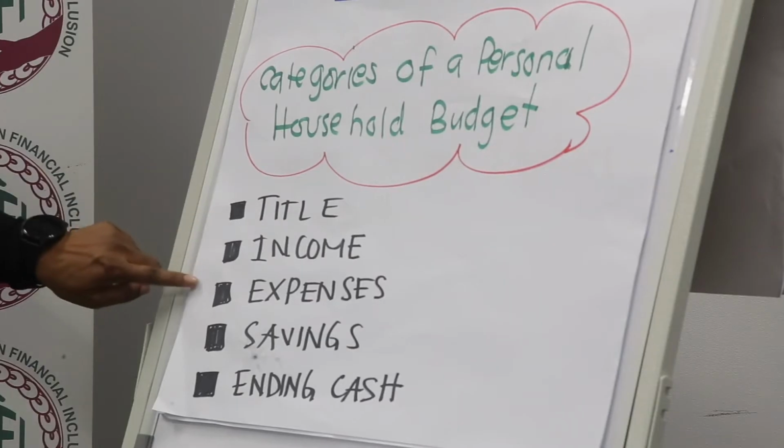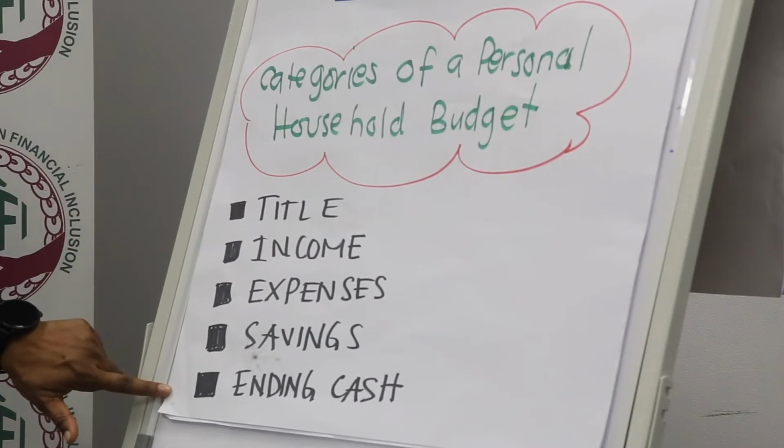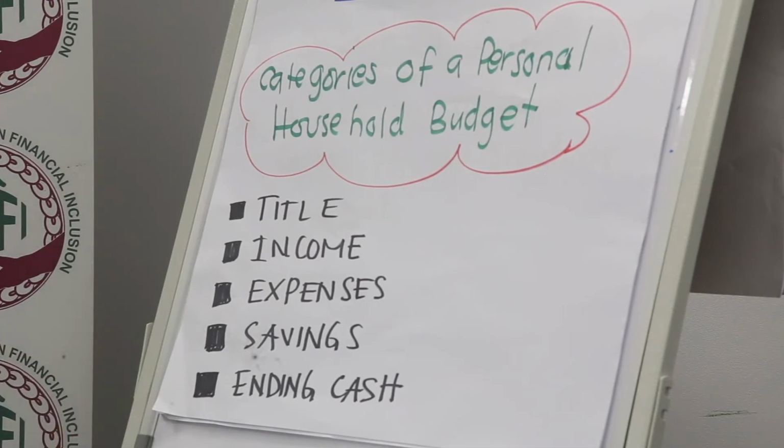So in simplified version, there are 5 parts to develop a simple household budget. The first one is always to have a title, list down your income sources, list down your expenses. You have to have your savings goals listed as well and captured in your budget plan, and have an ending cash.